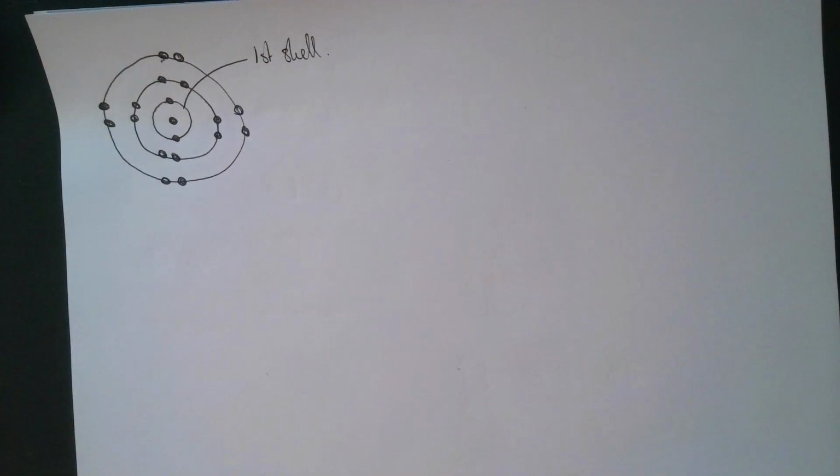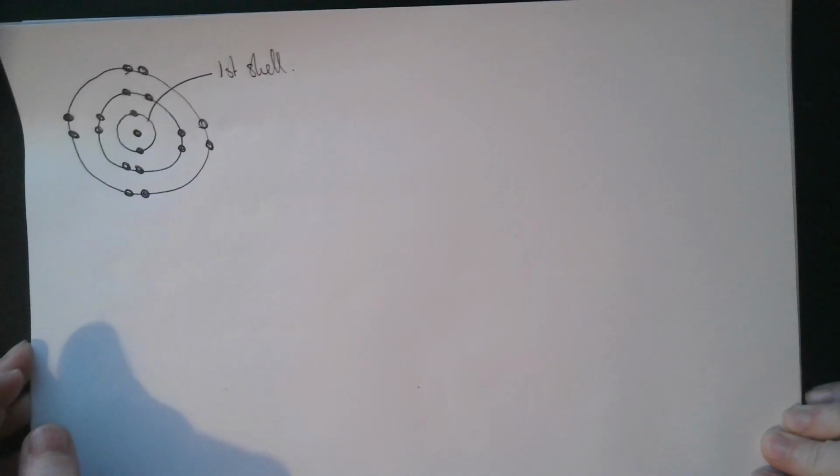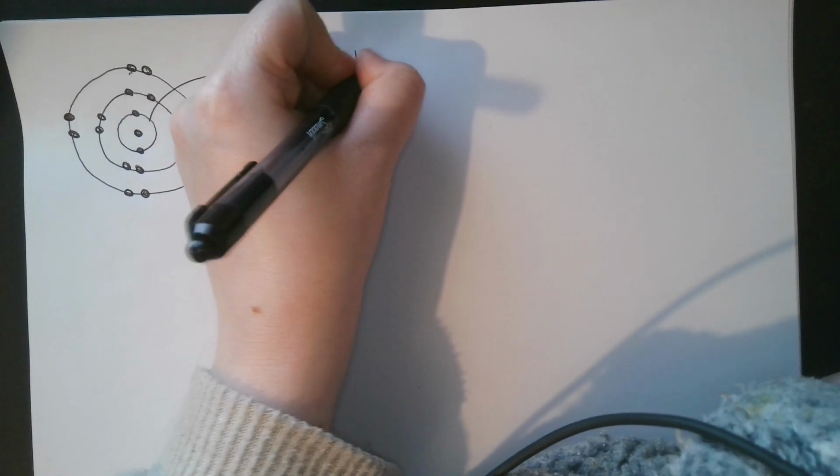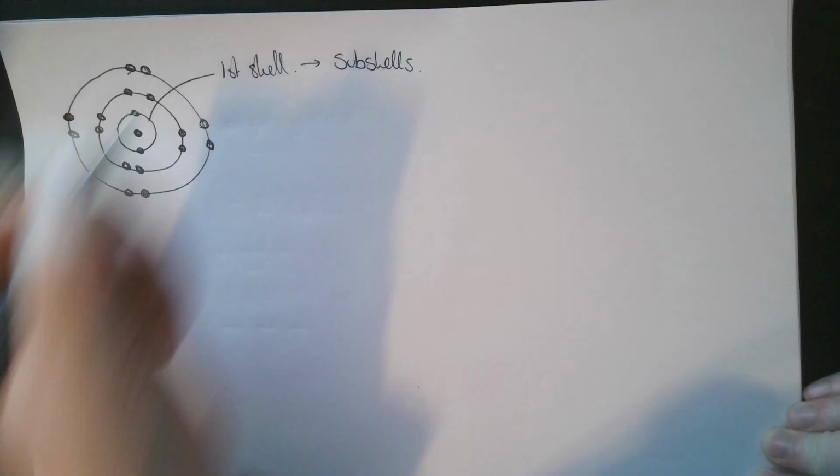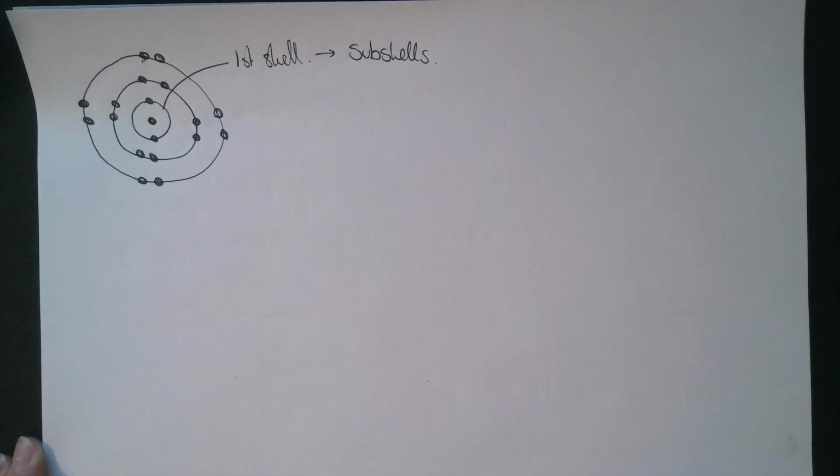So, first shell. Now, as mentioned, shells are made up of subshells. Okay. And in terms of subshells, there are 4 different subshells.